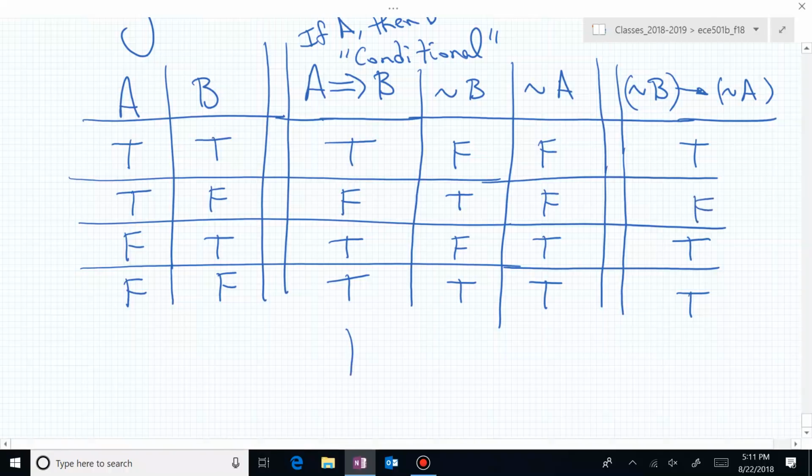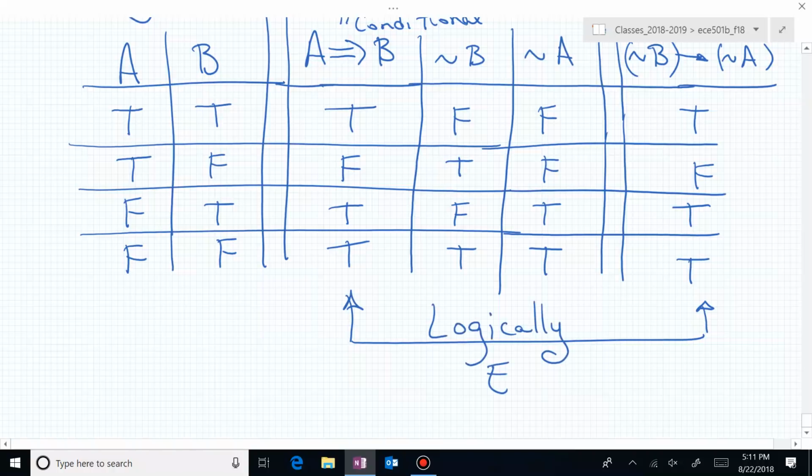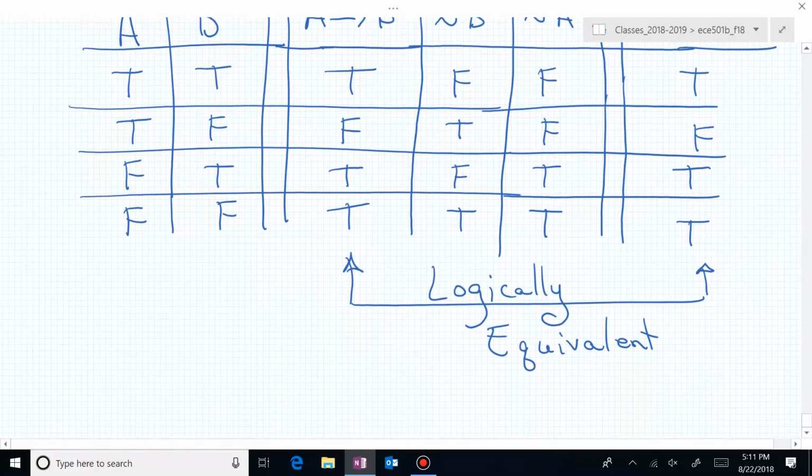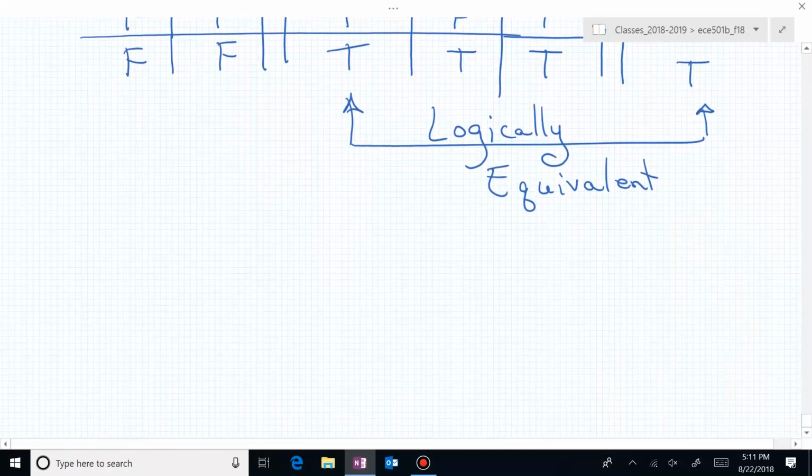And what we want to do is compare this column with that column, and we're hoping that they're the same. And they are. They're logically equivalent. So I hope I've demonstrated that if I show not B implies not A, I've really just shown A implies B by a contrapositive argument.